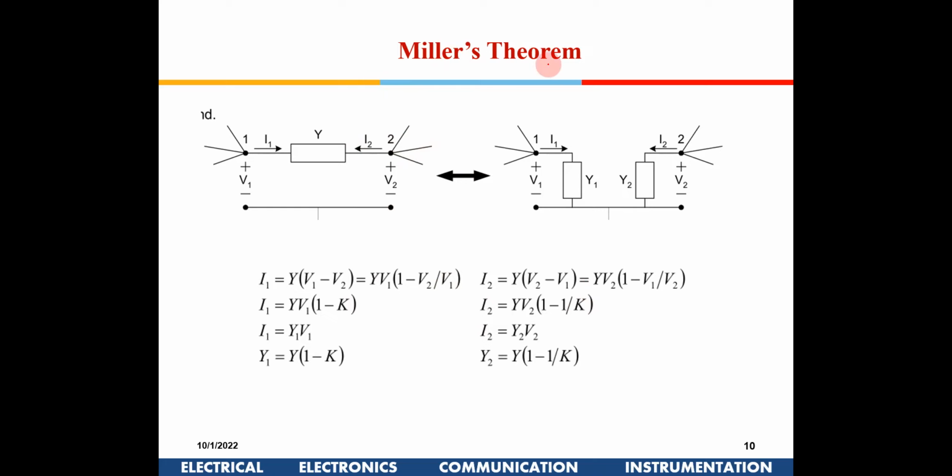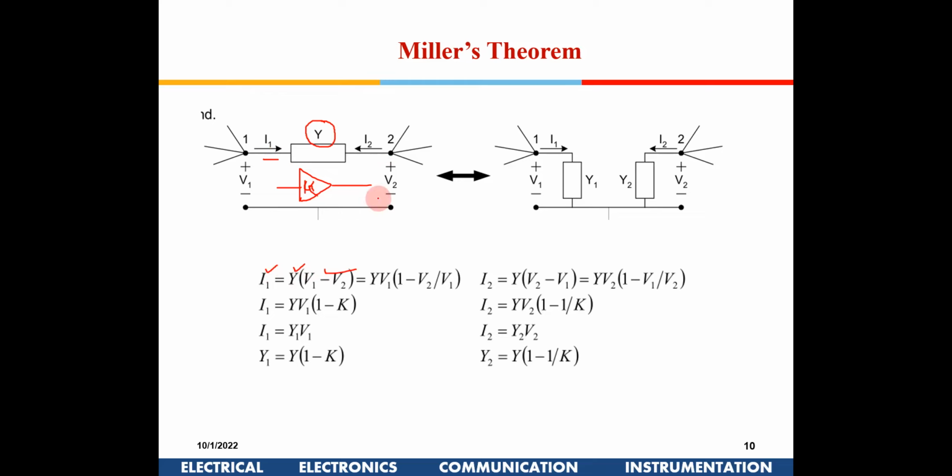In Miller theorem, what it says is, now suppose this is a node. This is an amplifier. Suppose there is an amplifier here, it has gain K, right? So now there is an impedance which is available here, need not be a capacitor, it could be anything. Instead of impedance I am calling it admittance here, so Y. Now if you see here, I1 is Y into V1 minus V2.